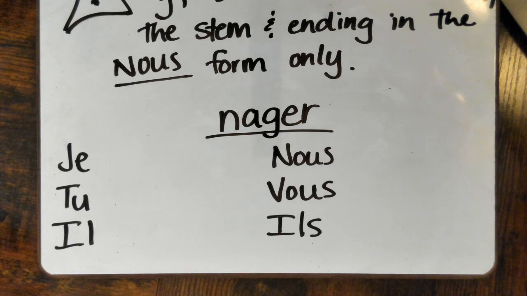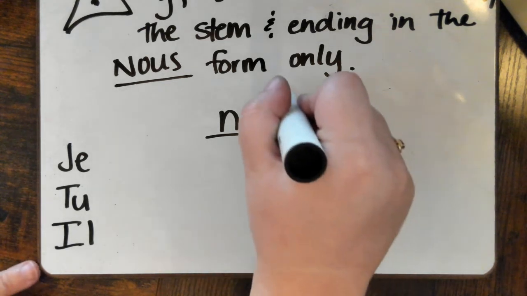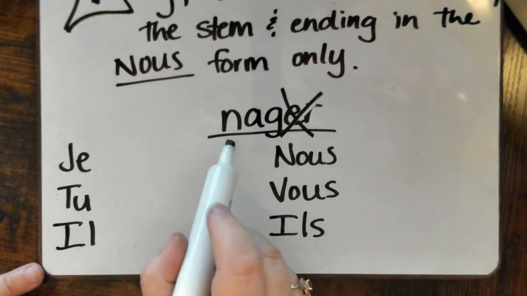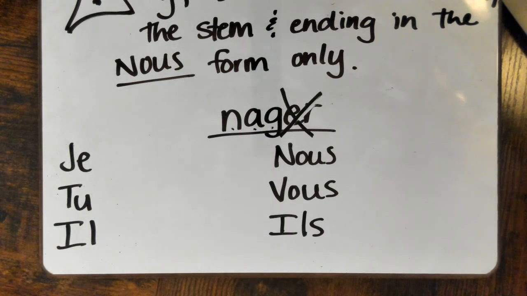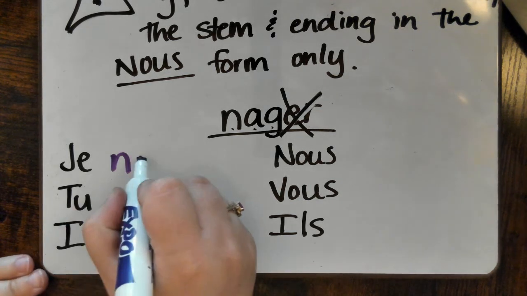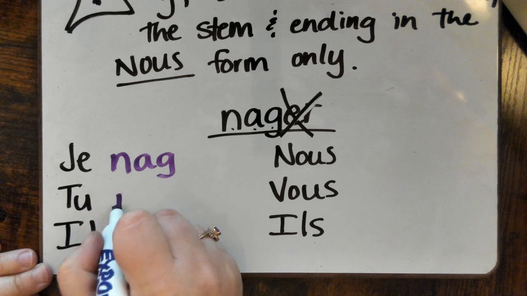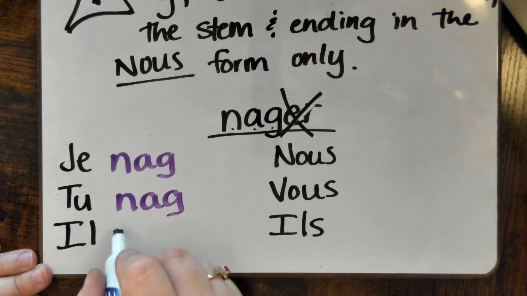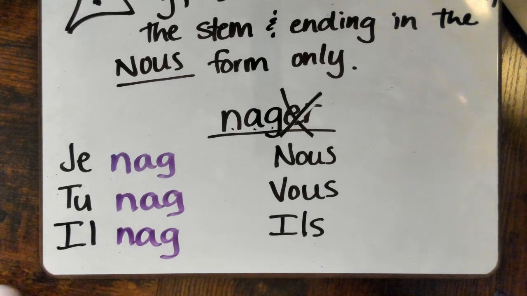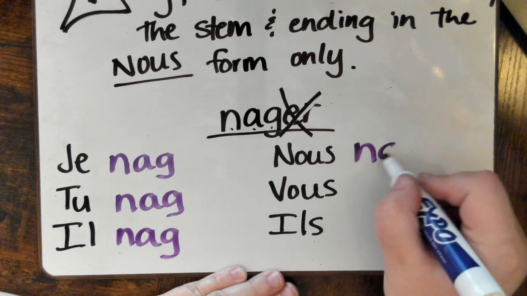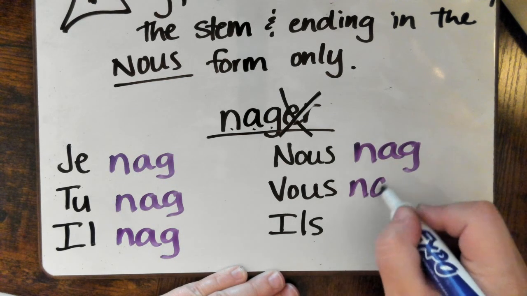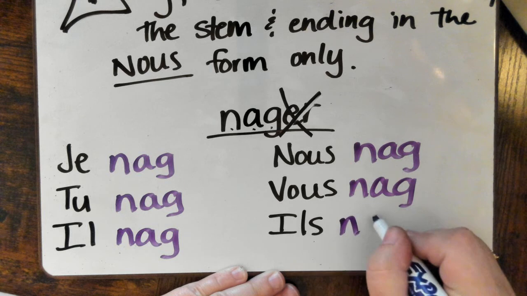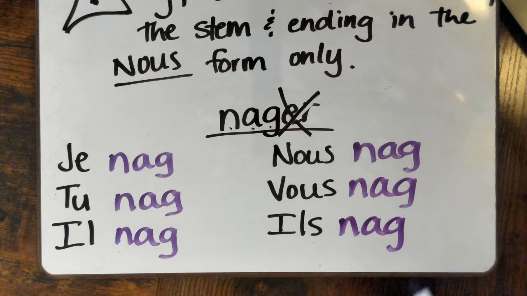Now, how do you find the stem of an ER verb? You take off the ER. So our stem is NAG. Okay, so let's put our stem in. N-A-G for each form. Now we're going to add our endings.